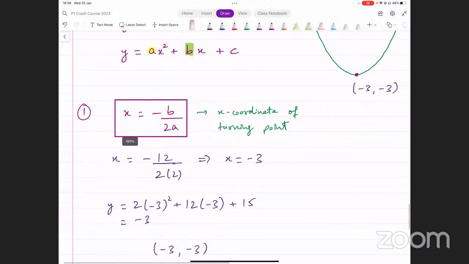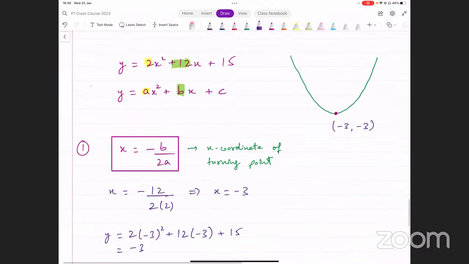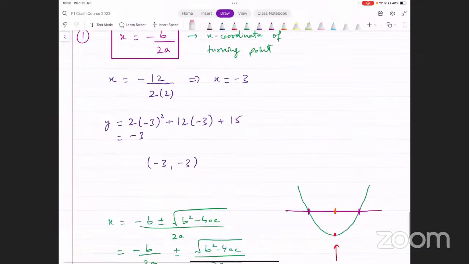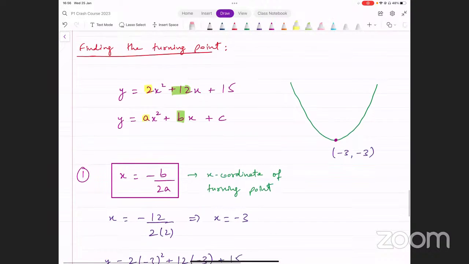You put that x coordinate back in the function, whatever function you have, you will get the corresponding y coordinate from that as well. So this is one way of finding the coordinates of the turning point of a quadratic function. This is where this formula is coming from. This is one method, minus b over 2a.